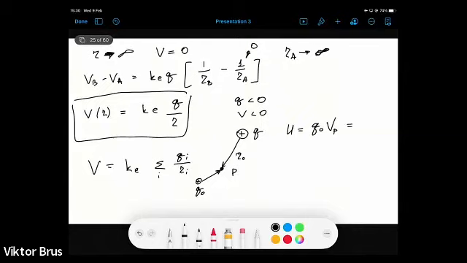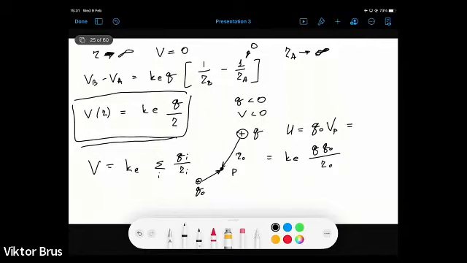And that will be equal, if we substitute the expression for electrostatic potential next to a point charge, first we need our constant, Ke Q times Q naught divided by R naught. So that will be the potential energy of this system, point charge Q and test charge Q naught.